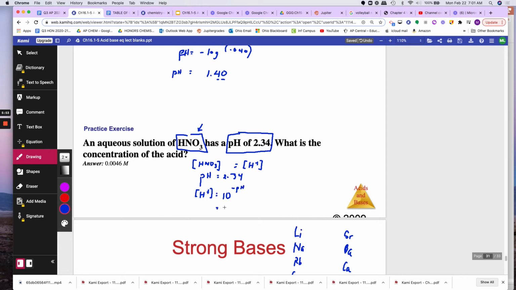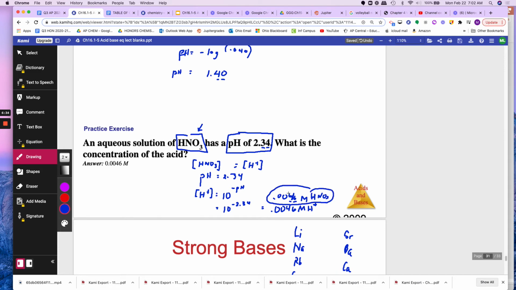So plugging that in will be 10 to the negative 2.34, which is equal to 0.0046 molarity of the H+, which is the same as the molarity of the acid, HNO3. Very easy. And again, this has two significant figures, so you get two significant figures. And that's how you handle strong acids.